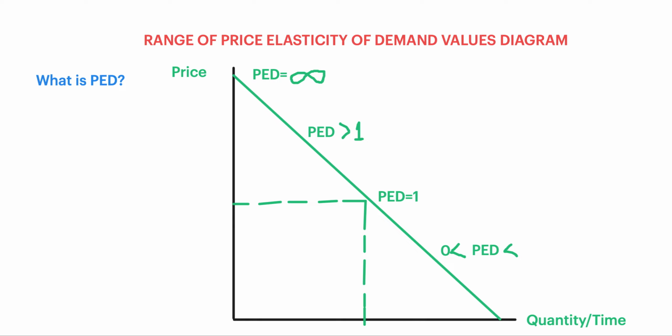Let me just write this one better. Okay, and lastly, here at the bottom, our PED is equal to 0. So it's completely inelastic. So as a recap here, I can actually write it down for every single one.